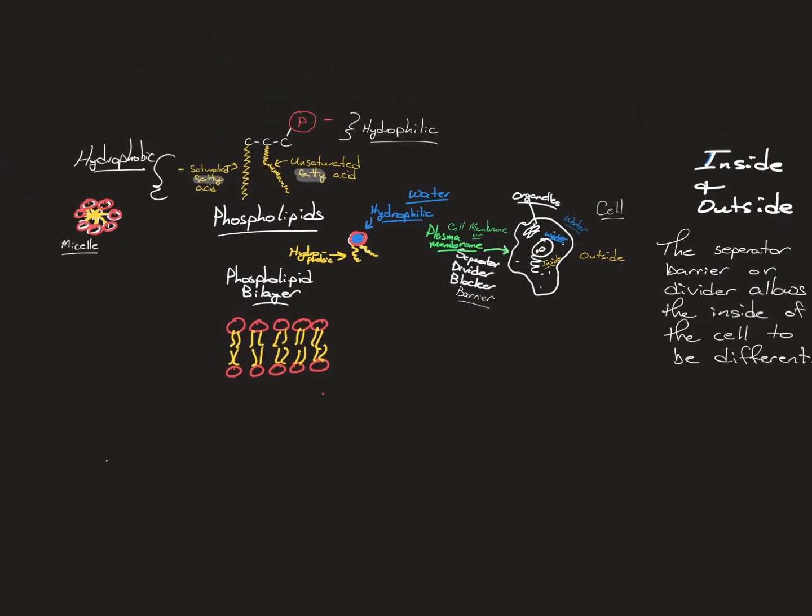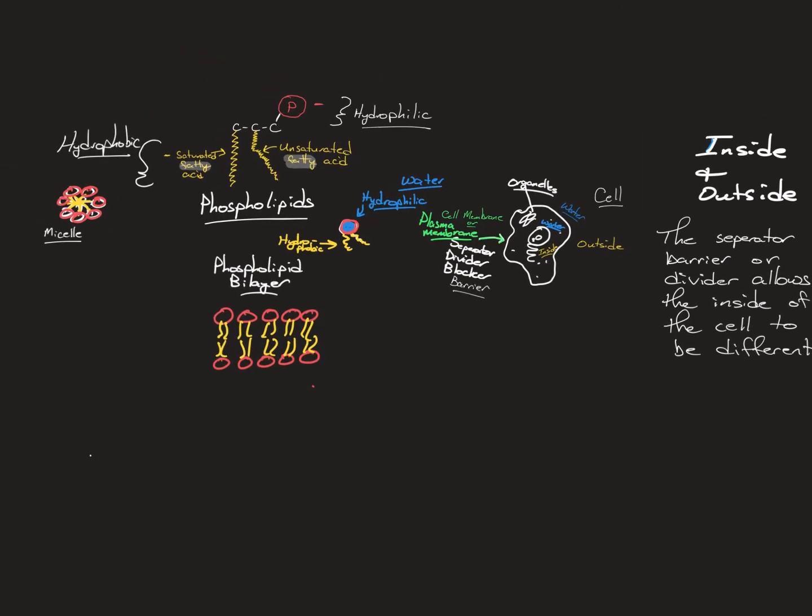So that's pretty much a phospholipid bilayer, except you got a problem if you just create that. What's the problem with this membrane just being a divider, a blocker, a barrier? What's the issue? This thing's alive, isn't it?